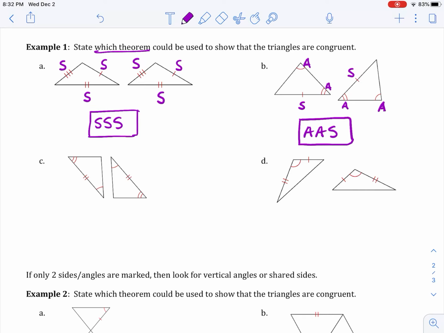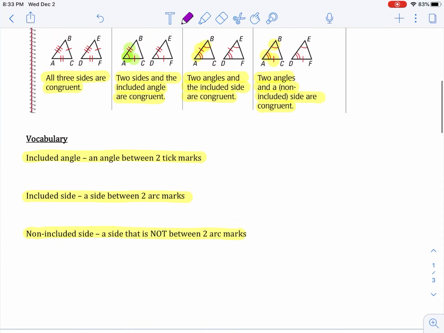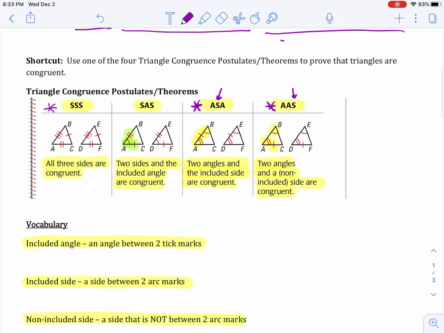All right. So in C, I see they put a single arc mark. So they marked one of the angles. They put some tick marks. So they marked one of the sides. And then they marked another set of angles. So again, in each triangle, there's two A's and an S. And so that matches up to this theorem here.